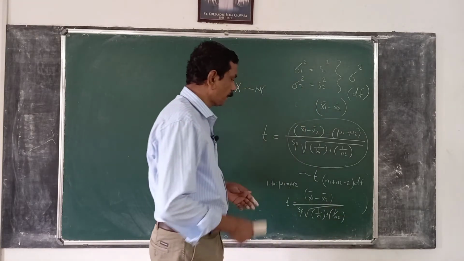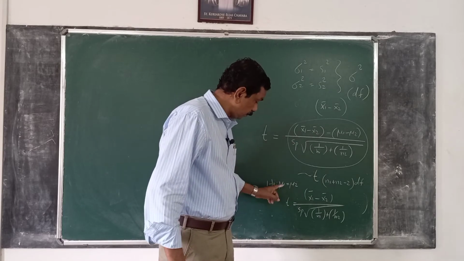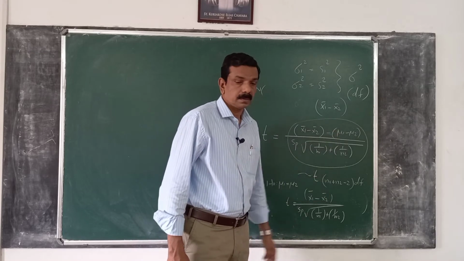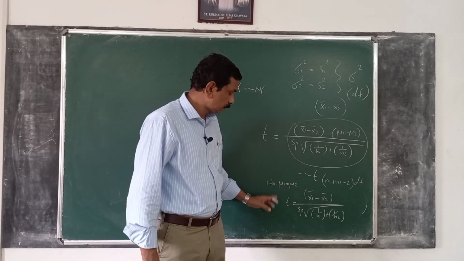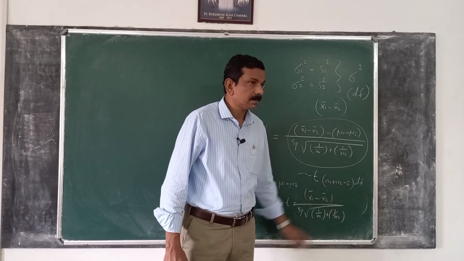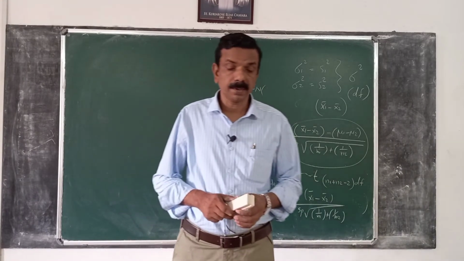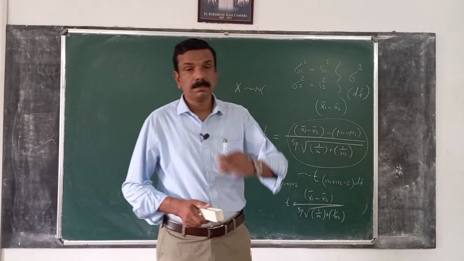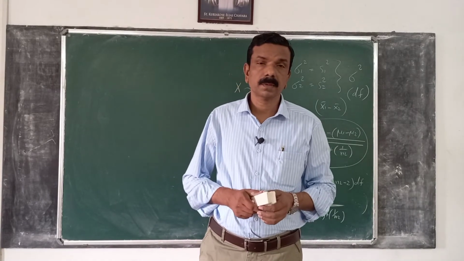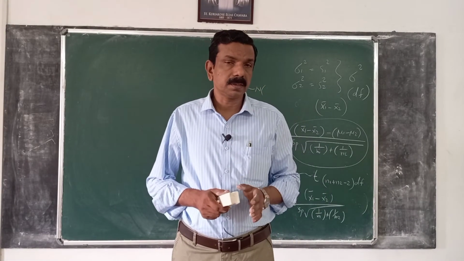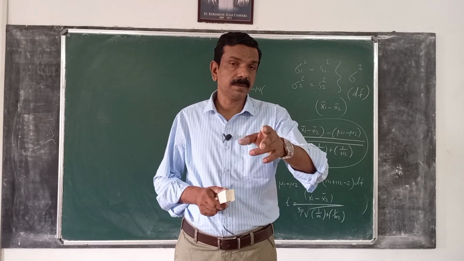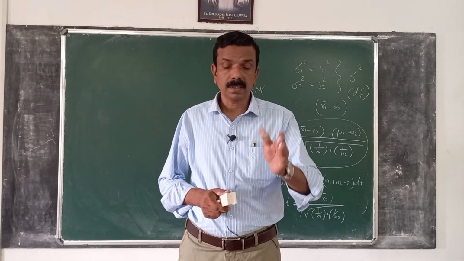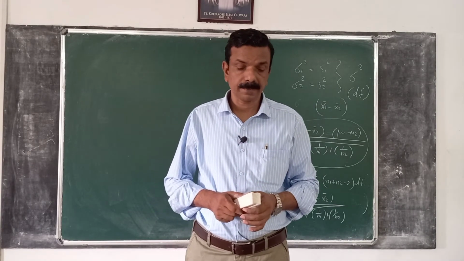The reason is, if H0 is mu 1 equals mu 2, then mu 1 minus mu 2 is equal to 0. So this quantity follows a T distribution with n1 plus n2 minus 2 degrees of freedom. We call this testing procedure the pooled t-test procedure: the procedure used to test the hypothesis if we assume that the population variances are equal.